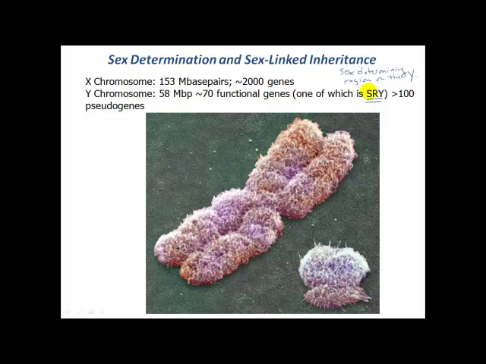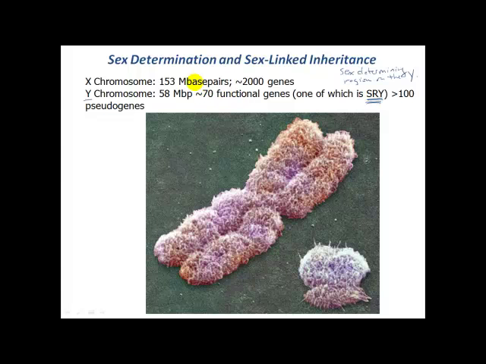And if the SRY gene is present, i.e. if the Y chromosome is present, then the developmental pathway takes a sharp right turn, and all of the structures that would have undergone the female-specific developmental pathway degenerate, and instead we see the promotion of the development of male-specific reproductive structures and male-specific gene expression starting to be initiated, right? So if SRY is present, you get the characteristic of being male. If it's absent, then you get the characteristic of being female, right?